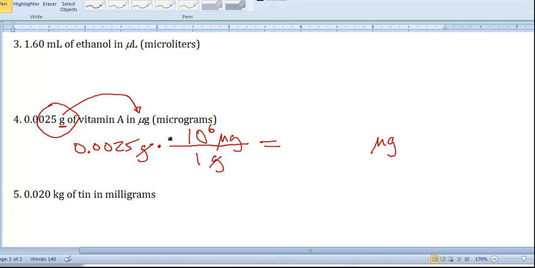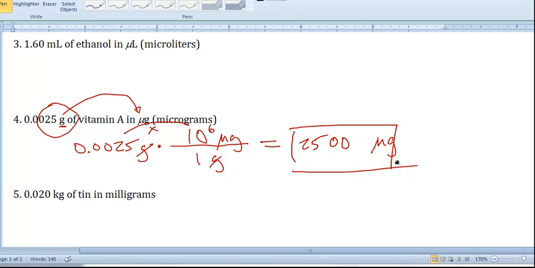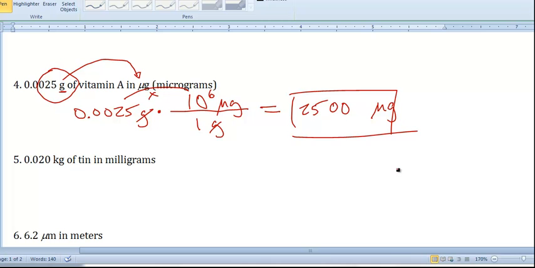And now that we have our units figured out, we grab the calculator and you multiply 0.0025 by 10 to the 6th. And when you do that, I get 2,500. So it's 2,500 micrograms. Okay, easy.